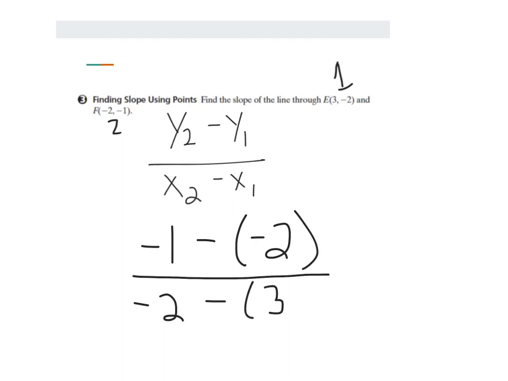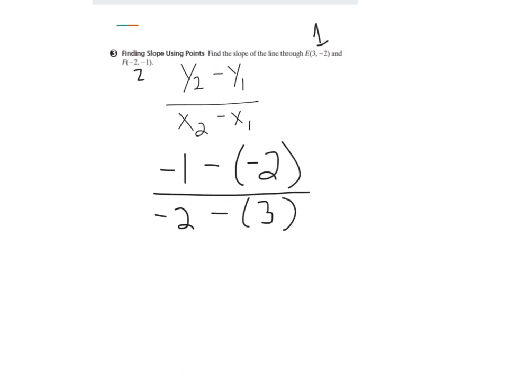And I'm just going to throw that in parentheses just for consistency. So now I can simplify my numerator and my denominator. So I have 1 minus a -2, which becomes 1 plus 2, which is +3... that is, -1 minus a -2 becomes -1 plus 2, which is +1, over -2 minus 3, which gives me -5. So my slope is -1/5.